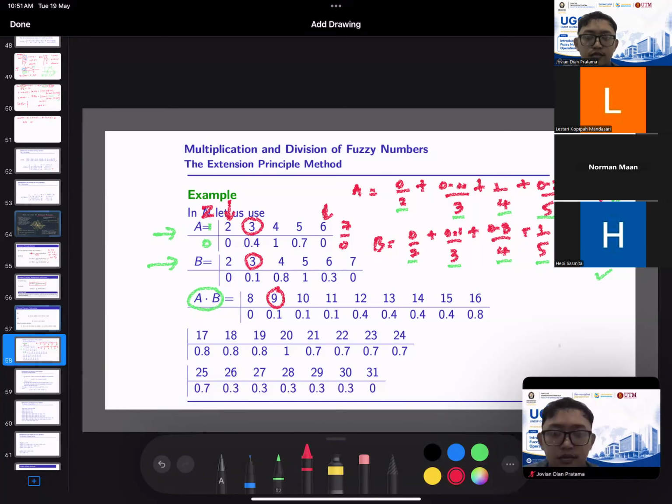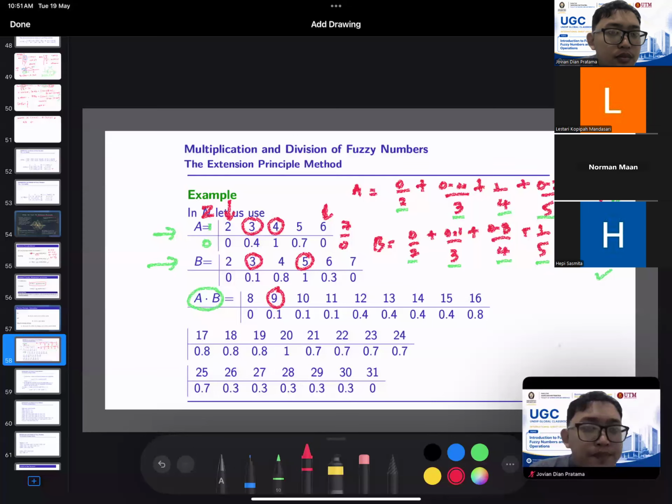This is very simple. You get 4, 5 here, multiply, so you get 20. So it equals 1. So from this point of view, you have a formula to do the multiplication operation.